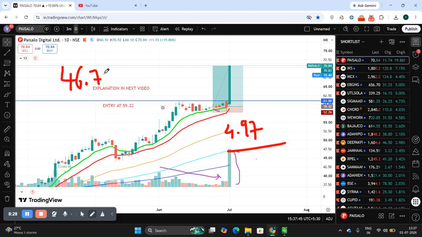It was 41.7 earlier, and now it is 46.7. So it is a one-of-a-kind event.